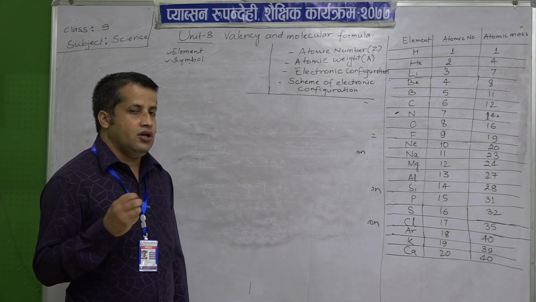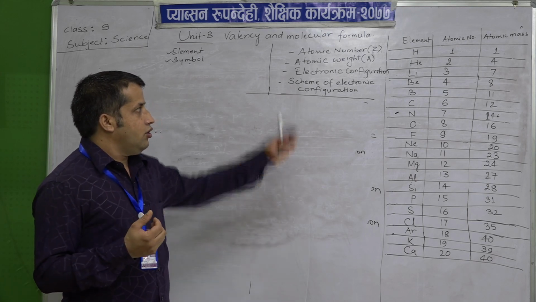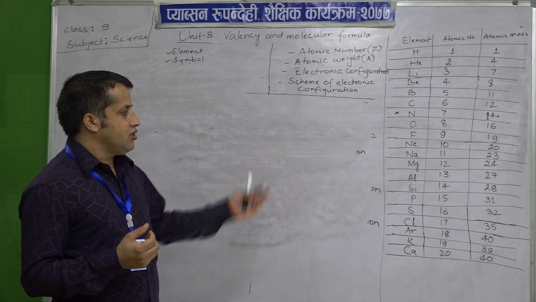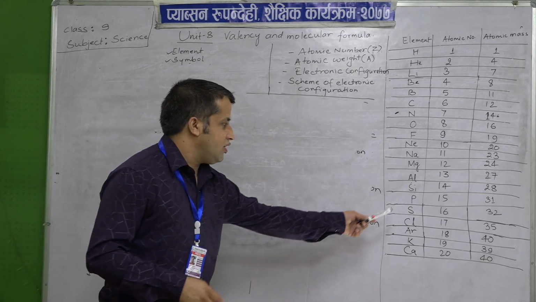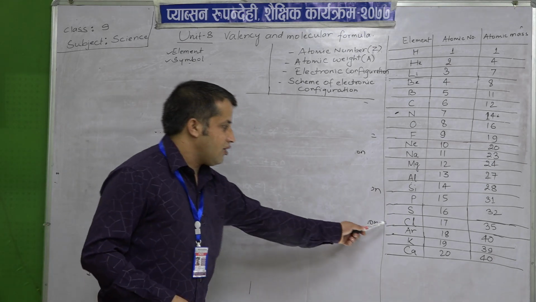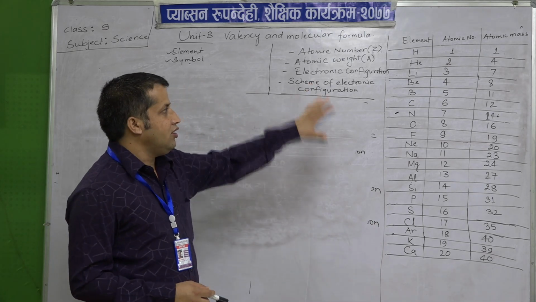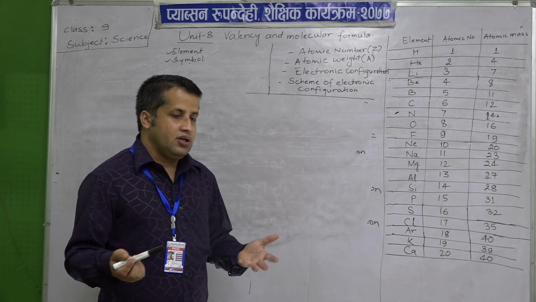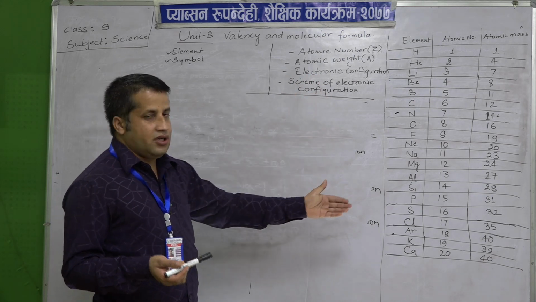That is enough for us up to class 9. So like that you have known magnesium 12, aluminum 13, silicon 14, phosphorus 15, sulfur 16, chlorine 17, argon 18, potassium 19, calcium 20. So these are the atomic numbers that you have to learn and memorize. So you have learnt, I hope.